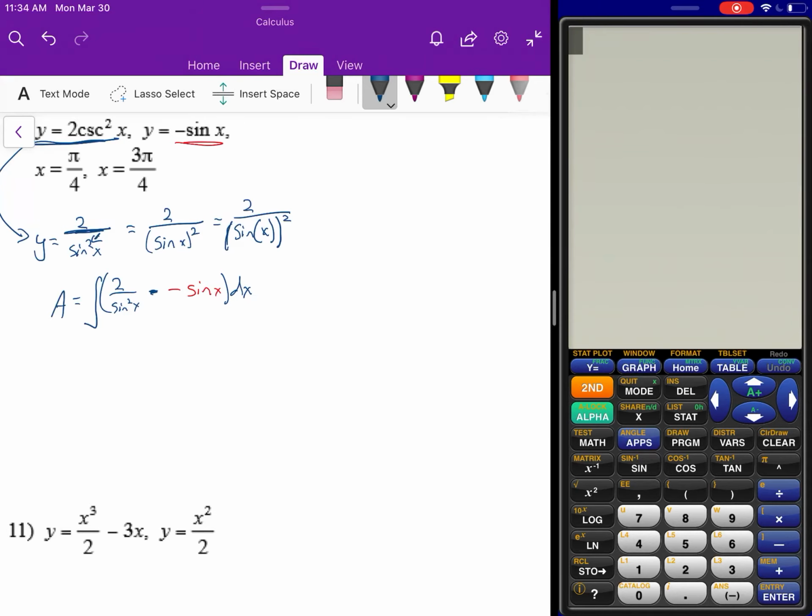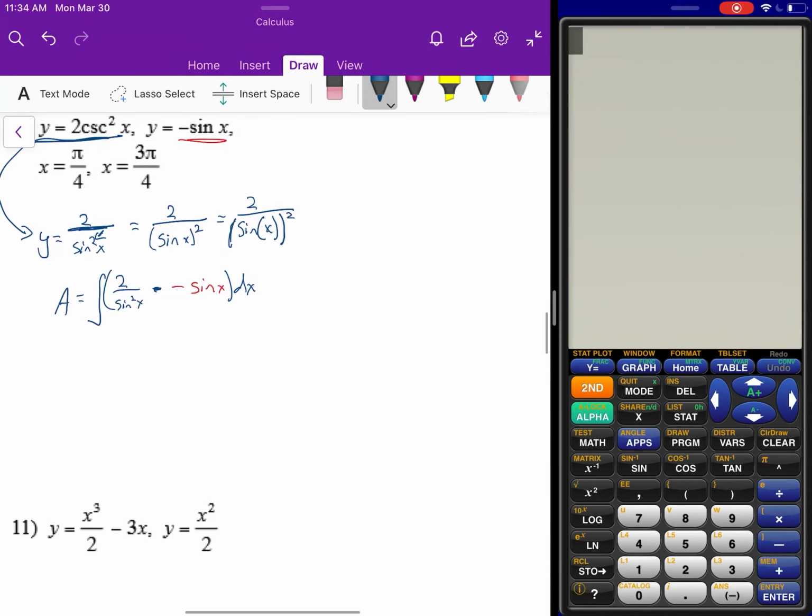So there's the integral we want to find. So let's go ahead and plug that in. We can go to math and 9, and we're going from pi over 4 to 3 pi over 4. So we can type that in, pi over 4 and 3 pi over 4.